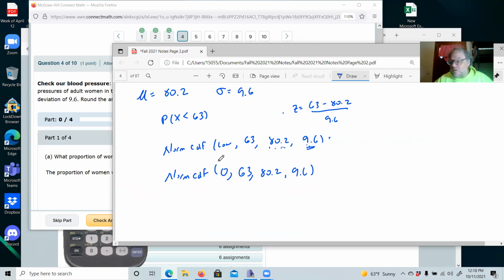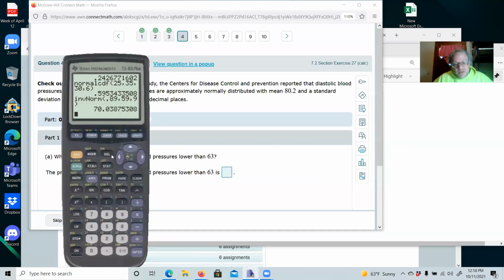Technically, it also allows for negative. You can keep using negative 100, that'll still work, just be careful. So we do second function, distribution, norm CDF.